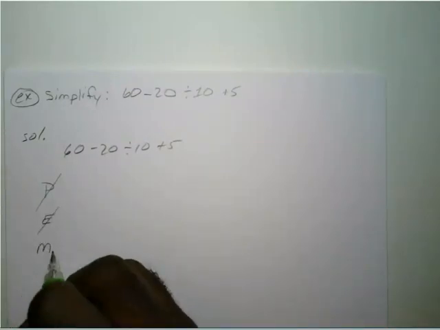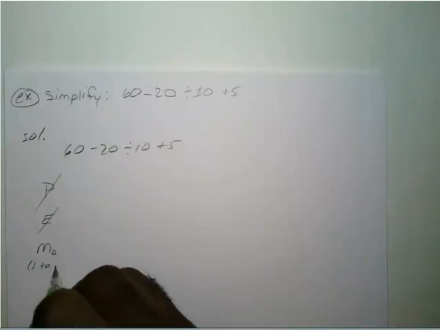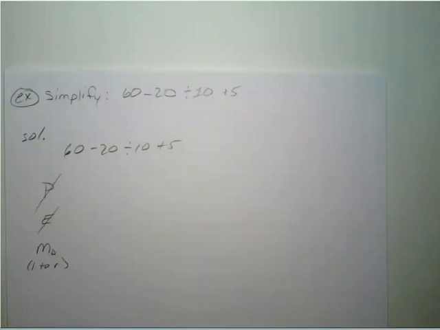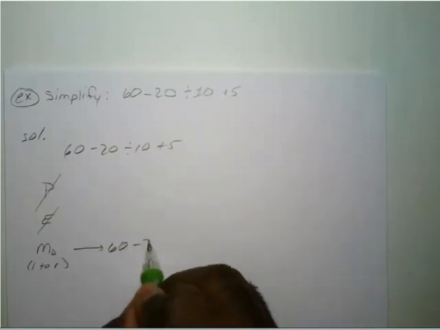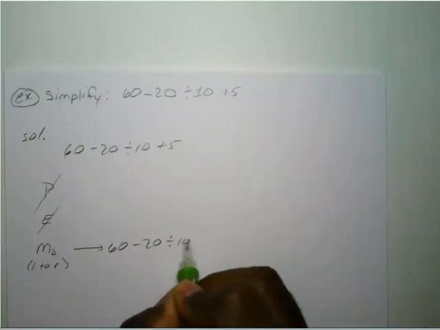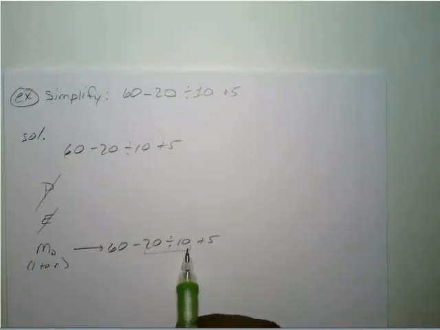Then we have our multiplication and division from left to right. So if you have 60 minus 20 divided by 10 plus 5, going from left to right, this is the first and only multiplication or division that we run into. So 20 divided by 10 is 2.